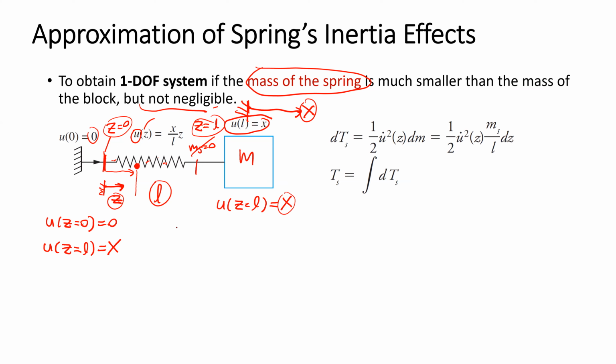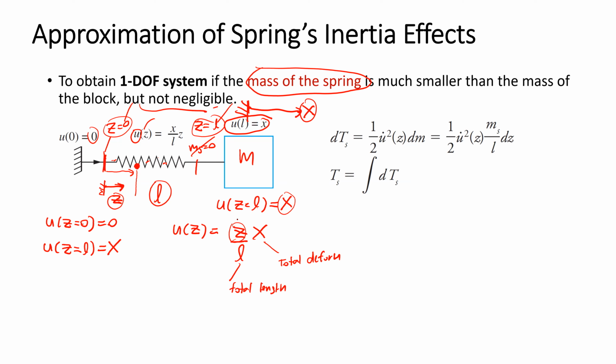The deformation for any point z between 0 and L is equal to the position z divided by the total length of the spring, multiplied by the total deformation.